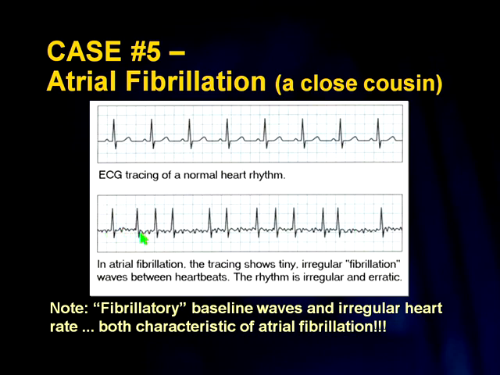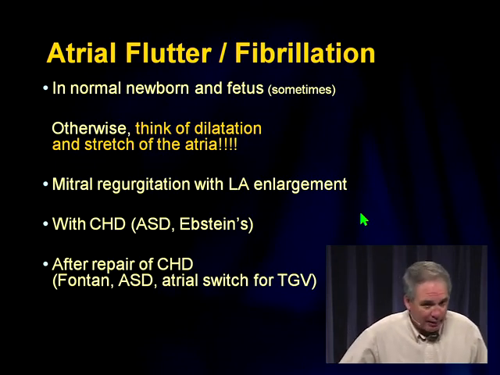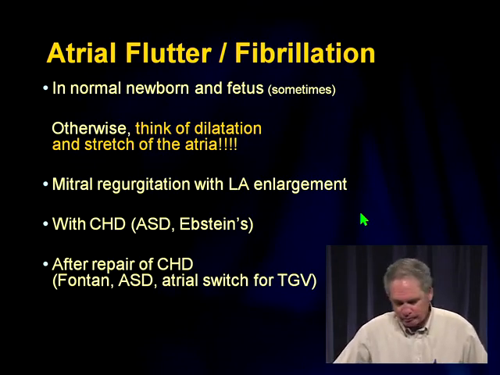Notice the fibrillatory irregular P wave baseline and the characteristic irregularity of the QRS rhythm. Atrial flutter, atrial fibrillation. Let's talk about it in childhood just a little bit. And I'm going to talk about mostly flutter because fibrillation is uncommon, unlike in adult cardiology.